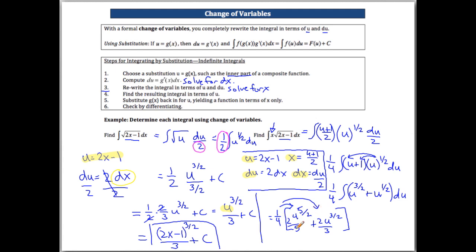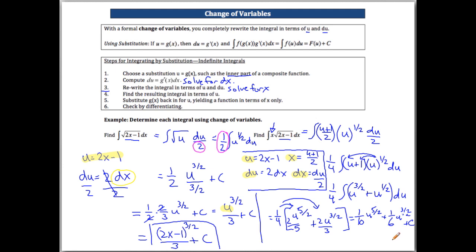So 1/4 times 2/5 is 2/20, or 1/10. So we get 1/10 u to the 5/2. And then 1/4 times 2/3 is going to be 2/12, which is 1/6. So plus 1/6 u to the 3/2. And we have a plus c.